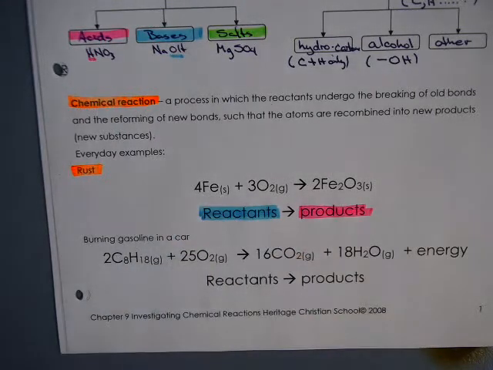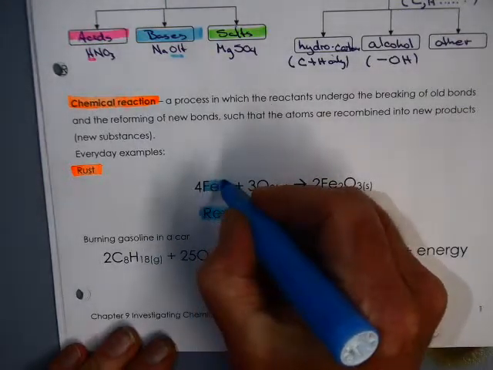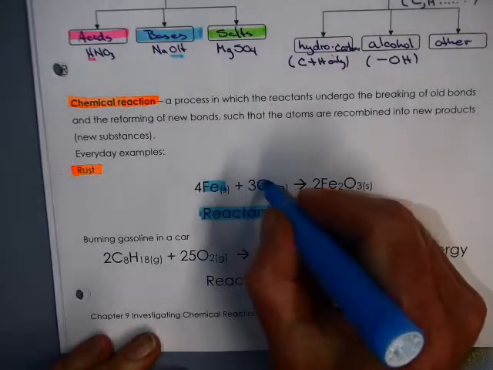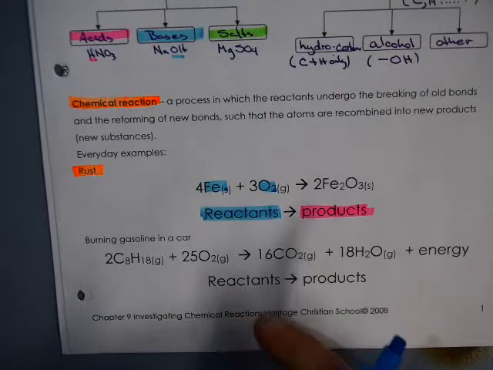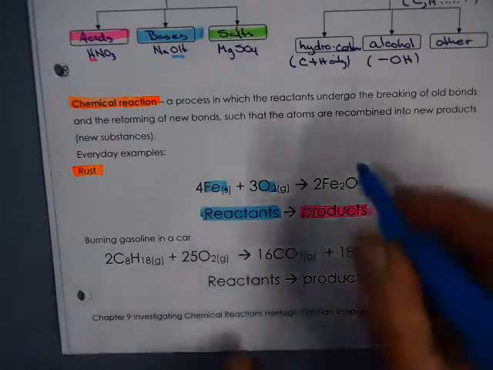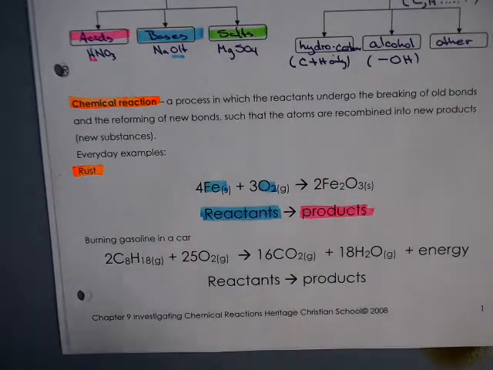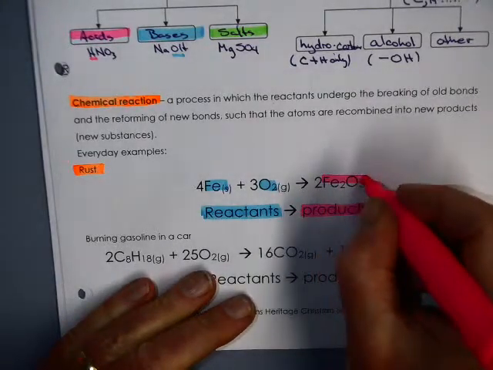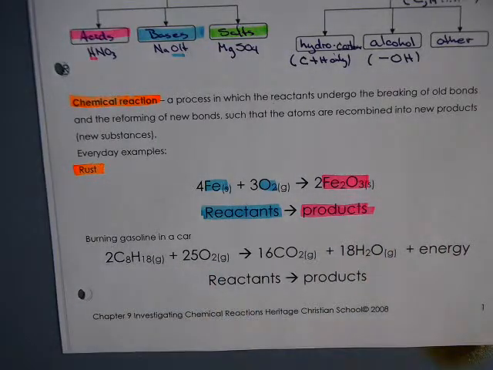Okay? So iron is a reactant, and oxygen is a reactant. And what will happen is, in certain circumstances, those two will react, and they'll form this product here. This is iron 3 oxide. That's the chemical name for it.